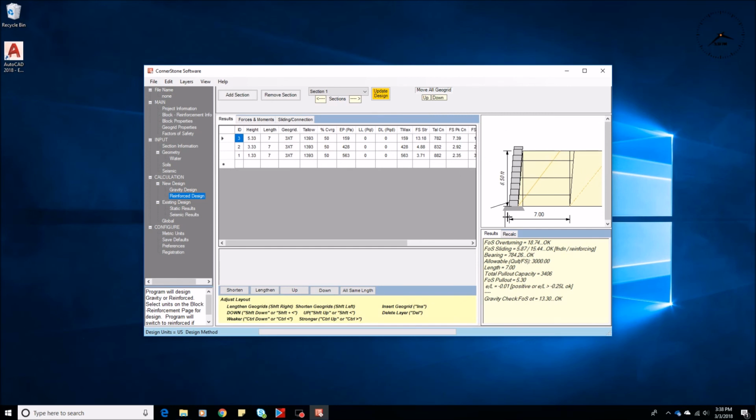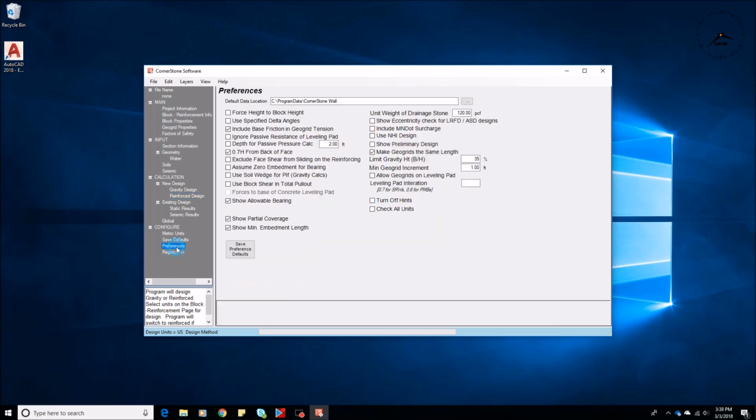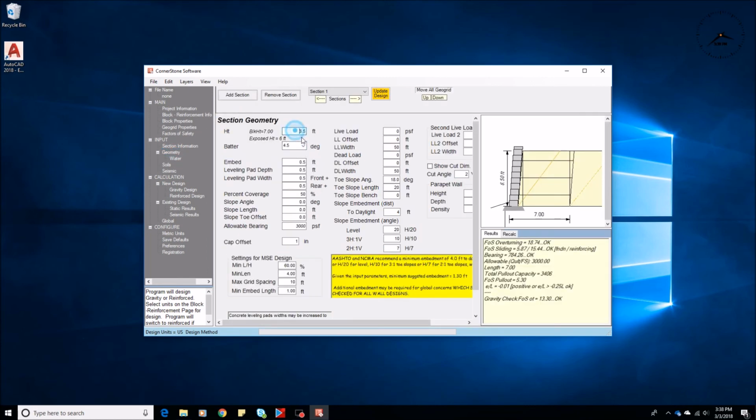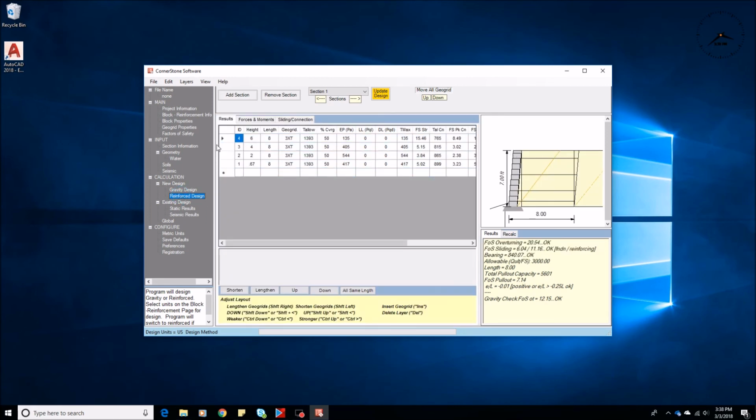The NCMA program, SRWall 4, they designed the block heights. We can do that in this program if that's your preference. Force height to block height. We can come back in here. We've got a 6.5 that says the block height is 7. As you exit out of there, it's going to change it to 7 feet.